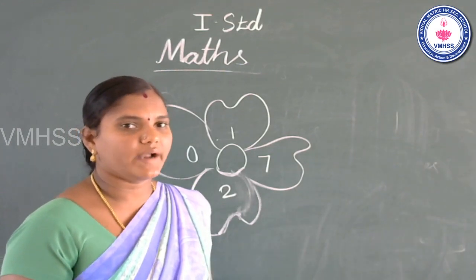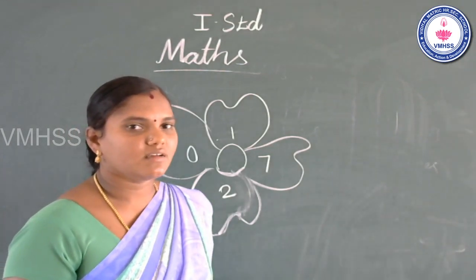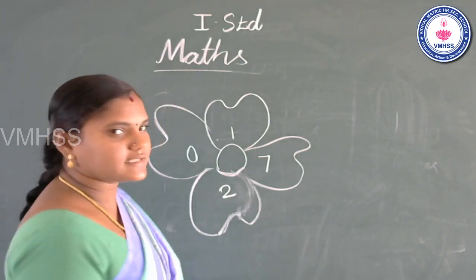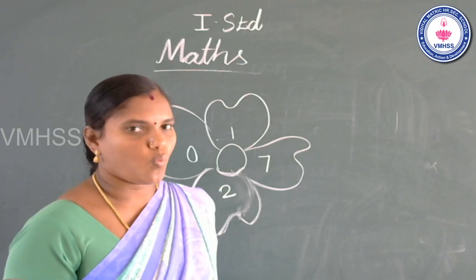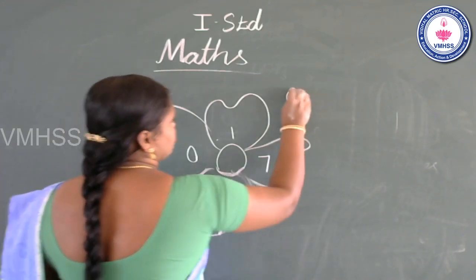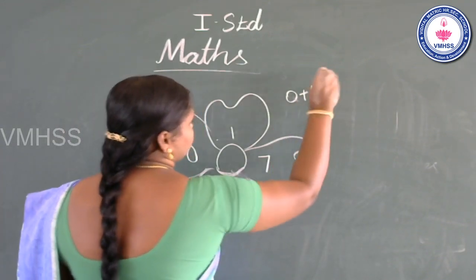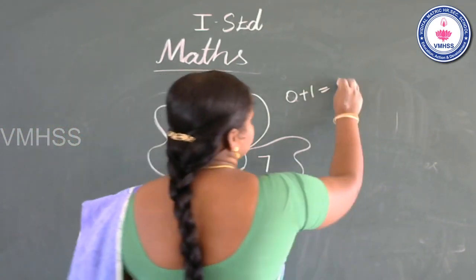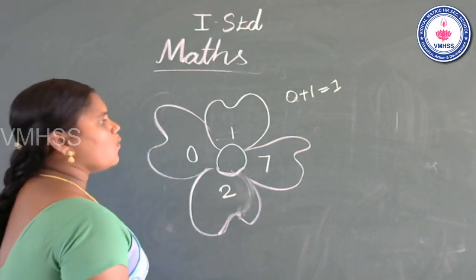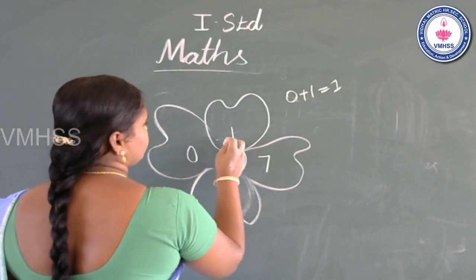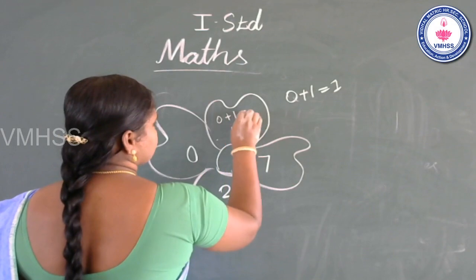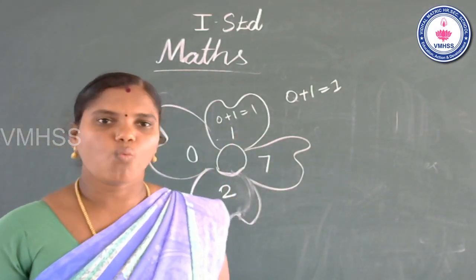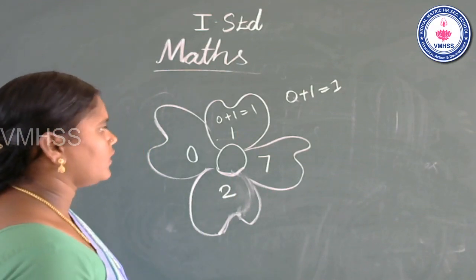Let us count: 0 plus 1 is equal to, what is the answer? It gives us 1. The answer is 1.